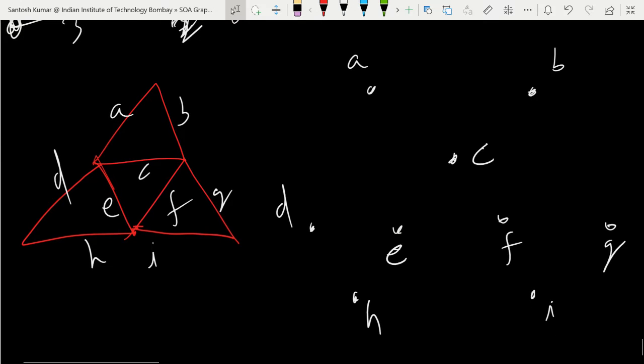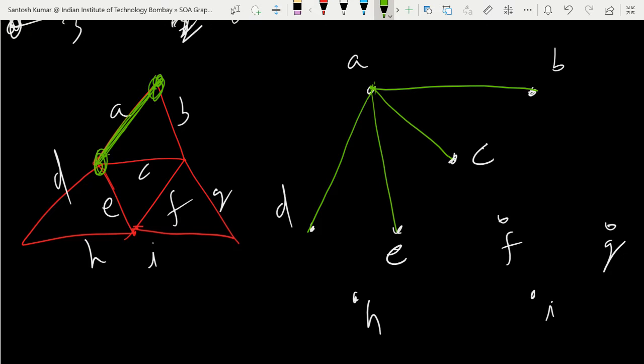Okay. So look. So let's see for A. So A is sharing vertex with B, C, D, E. So A is sharing with B, C, D, E. So if A has two vertices, you have to just check A shares vertices with which edges, and you have to make the edge in the line graph.